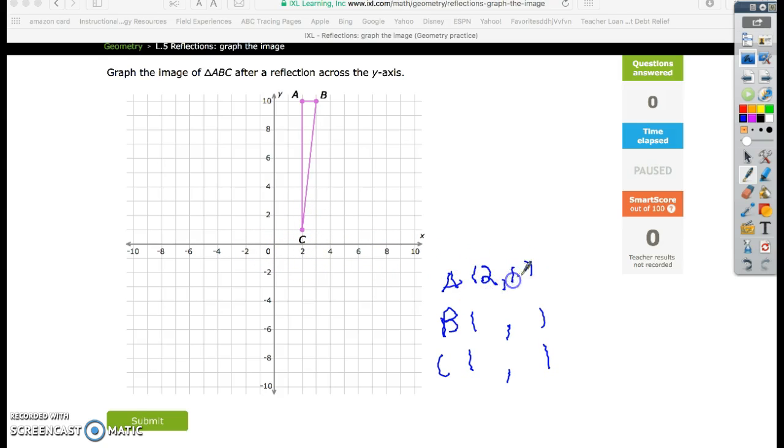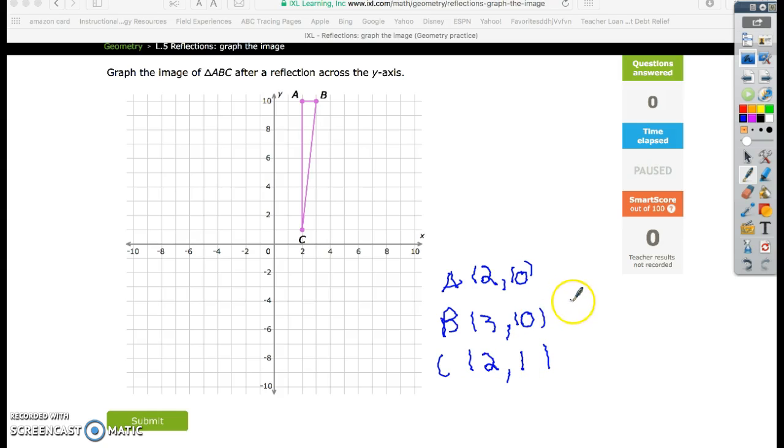So I'll write 2, 10. For B, my coordinates are 3, 10. So I'm going to write 3, 10. And for C, I have 2, 1.